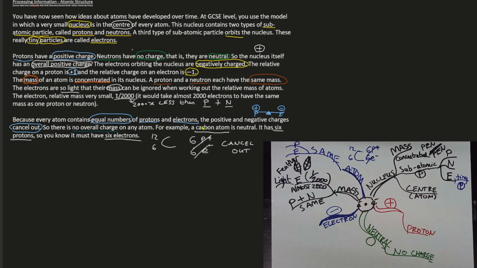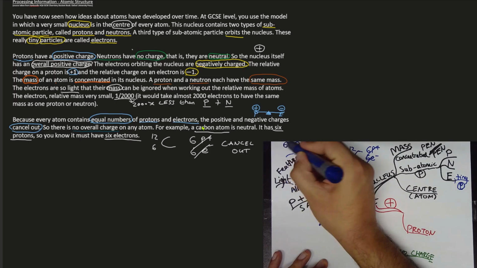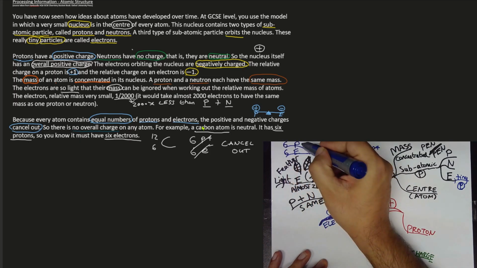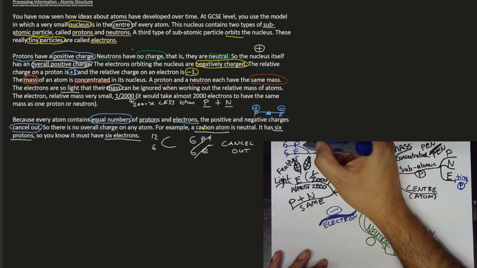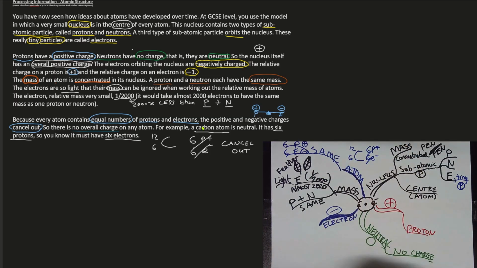And there you have it. So you've been able to process all of that information. We know that we have 6 protons and 6 electrons. And if I want to, I could write over here 6 protons, 6 electrons. These are positive, these are negative, aren't they? So positive and negative will cancel each other out. And there you have it. You have been able to process that information.